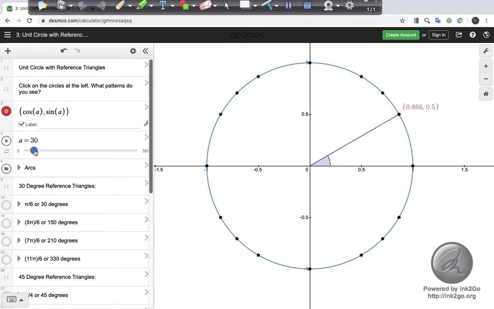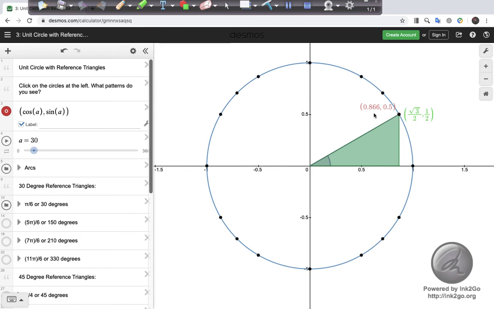And when I get to 30 degrees, I land on this special point over here. And we can see that it's being approximated to 0.866, 0.5. This 30 degrees of rotation, or pi over 6 radians, shows us this special reference triangle, essentially one of the triangles whose values we need to know well, these special exact values.